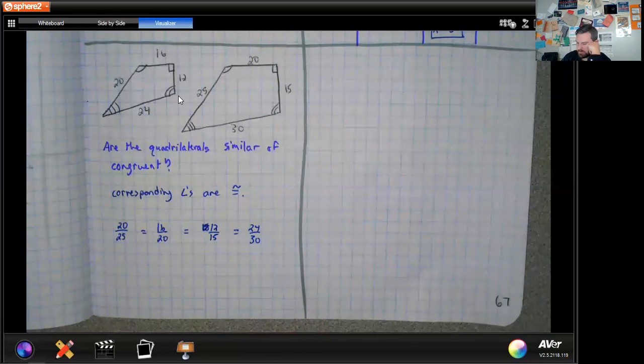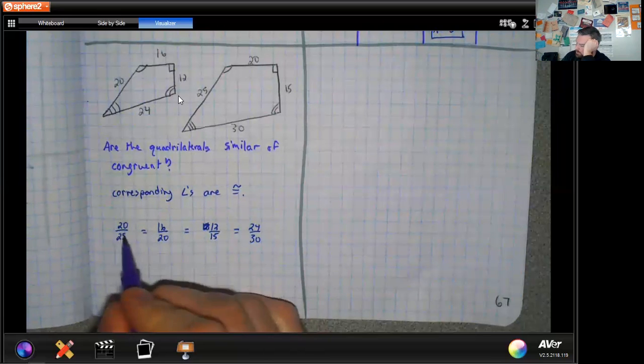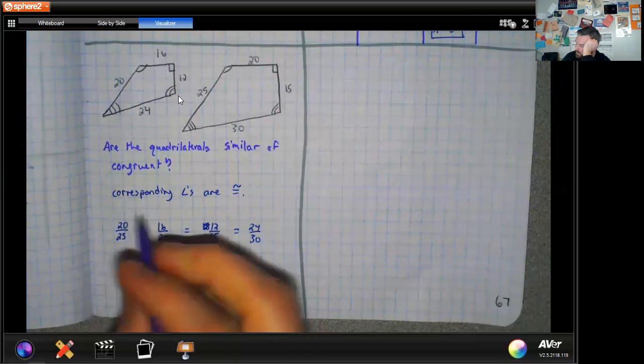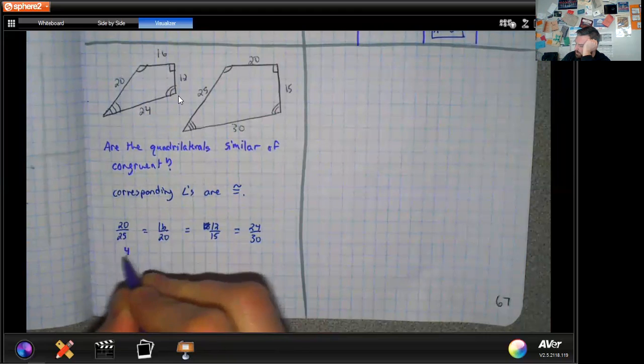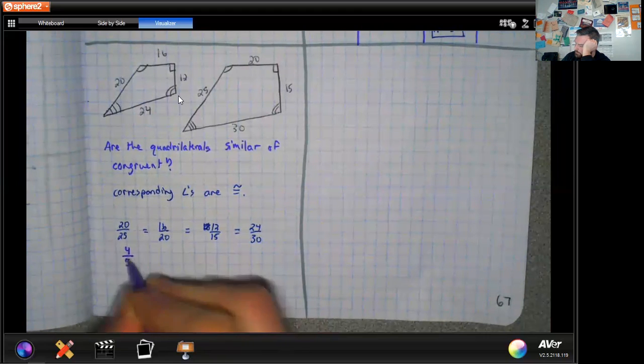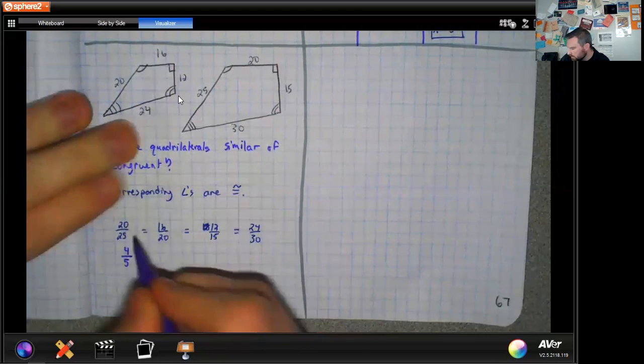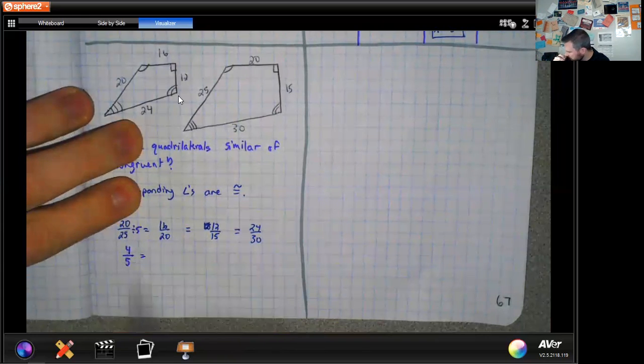Okay, so then we just reduce them into the lowest fraction that I can. Okay, so if I divide both of these by 5, 20 divided by 5 is 4 over 5. Okay, so we divided by 5 on that one.